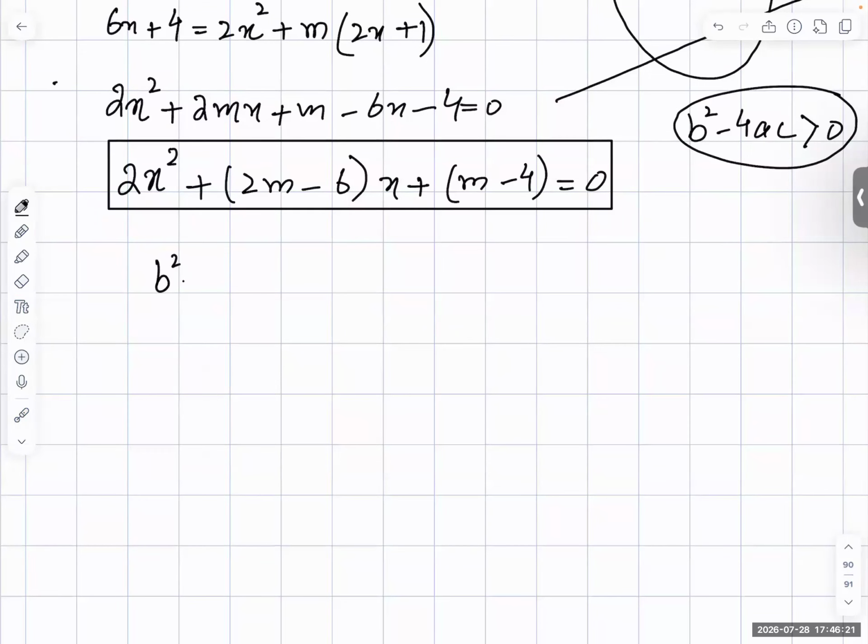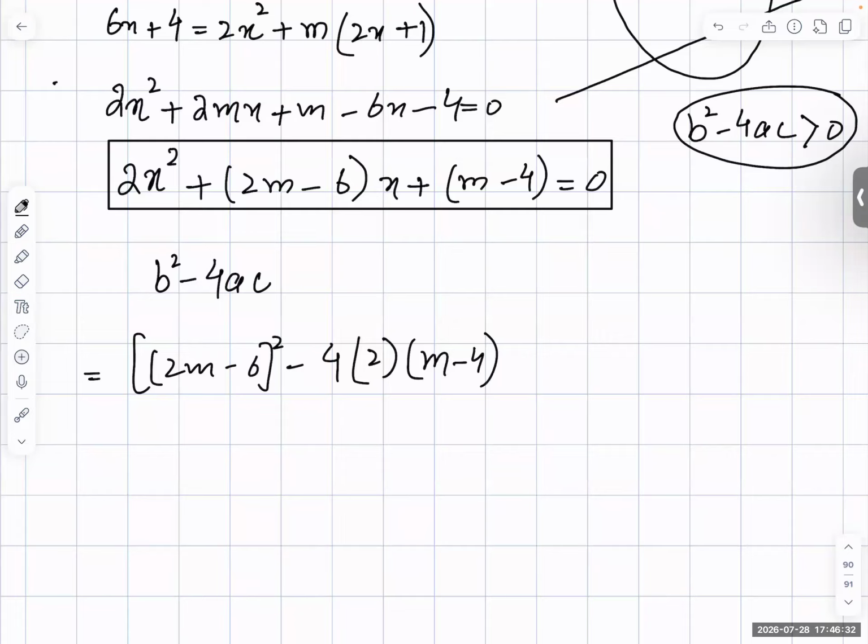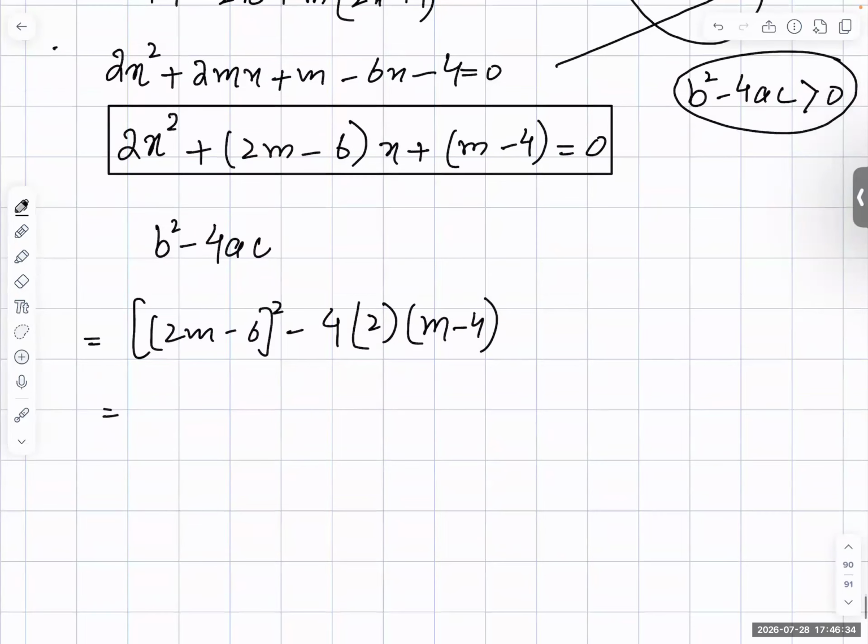So b square minus 4ac, that is equal to b square minus 4a and c. I'll just have to prove that this whole thing must always be greater than 0.